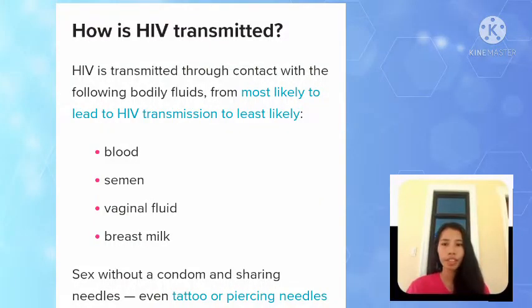How is HIV transmitted? HIV is transmitted through contact with the following body fluids, from most likely to less likely to lead to HIV transmission: blood, semen, vaginal fluid, breast milk, sex without a condom, and sharing needles, even tattoo or piercing needles.